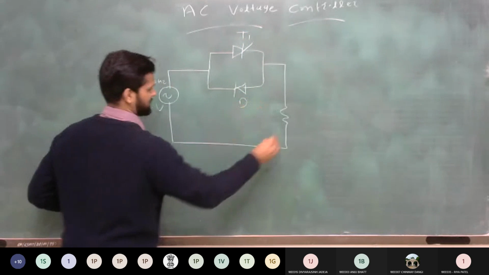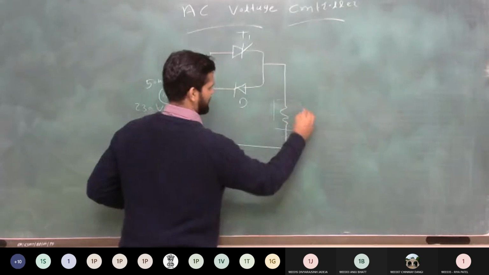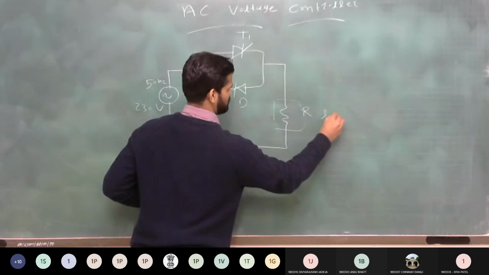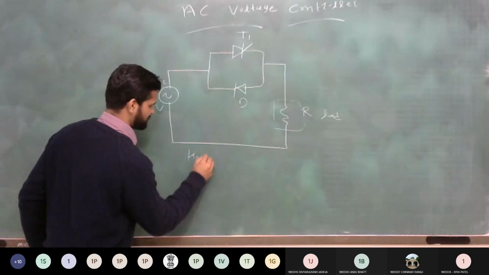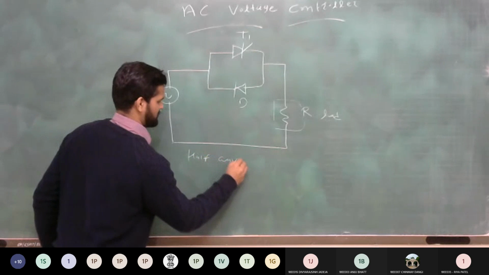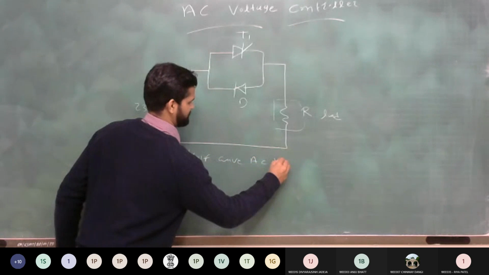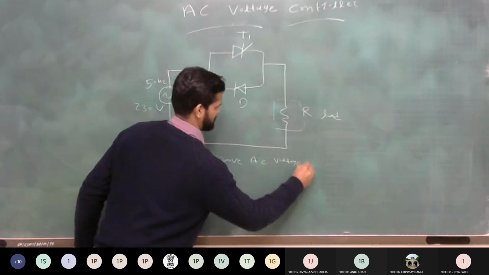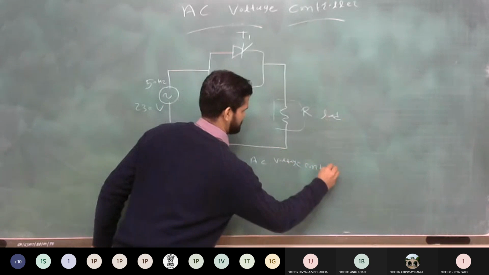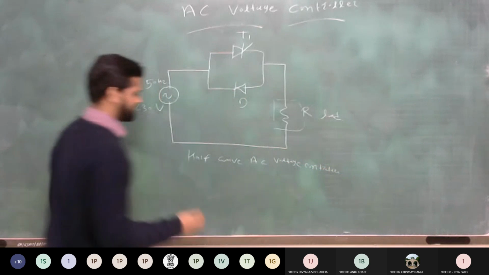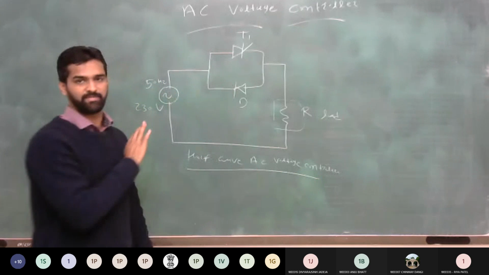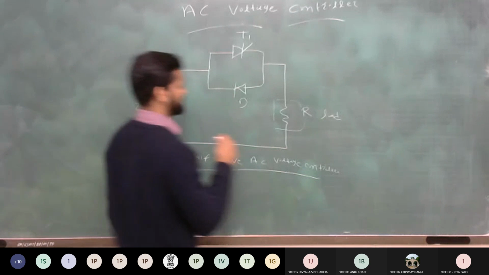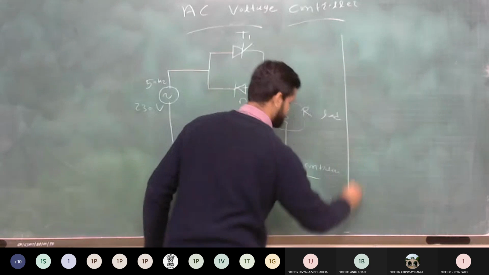Suppose this is the diagram. And here we take a resistive load. This is a simple half wave AC voltage controller. Why is it a half wave AC voltage controller? Because it controls only the half cycle of your supply. Let's see the waveform so that we can understand it.